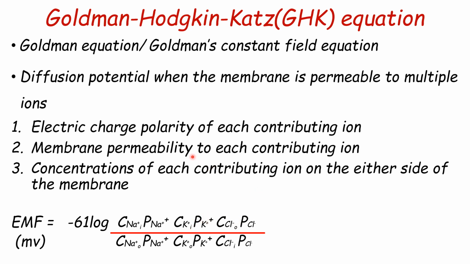We can see the permeability is very, very important. So if the cell membrane is more permeable to one particular ion, suppose it is more permeable to potassium ion, its diffusion potential at that particular moment will be nearer to the Nernst potential of potassium, which is minus 94 millivolts. And if it is more permeable to sodium, it is nearer to the Nernst potential of sodium.